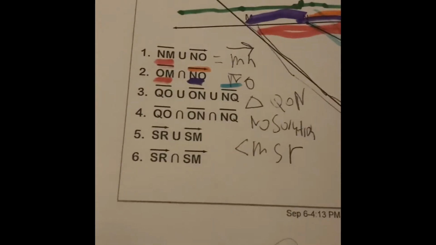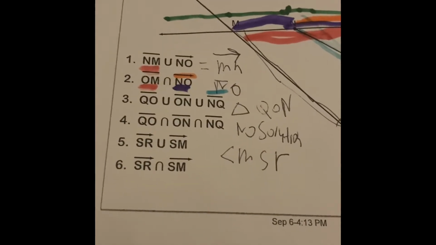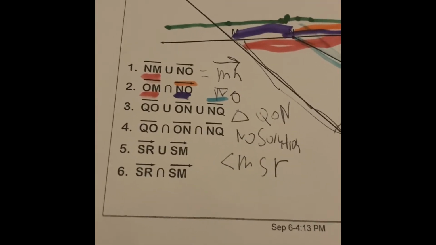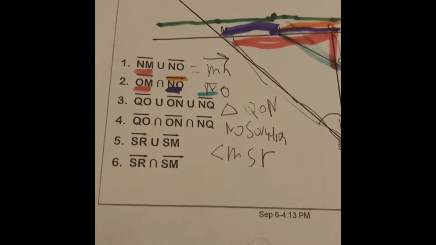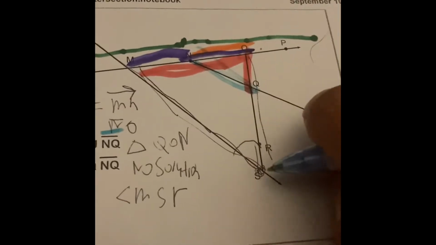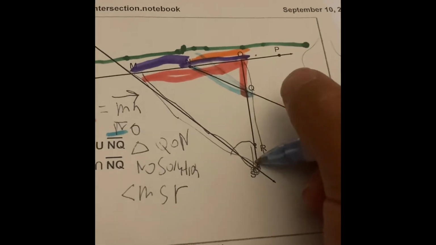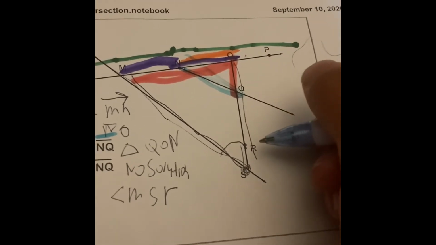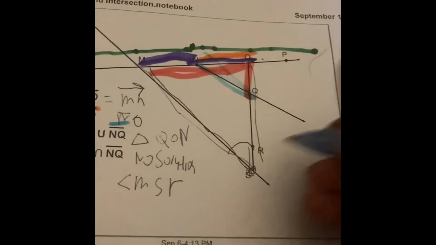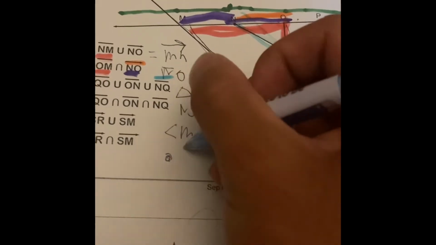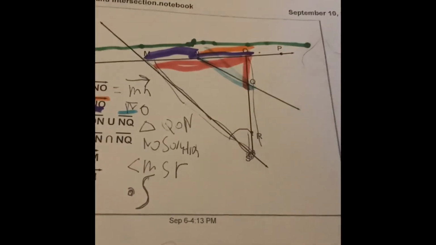And finally, the intersection of segment SR and segment SM. They don't really connect, but since we have two lines and all of the conditions are true, we have to say point S, because they're basically touching each other.